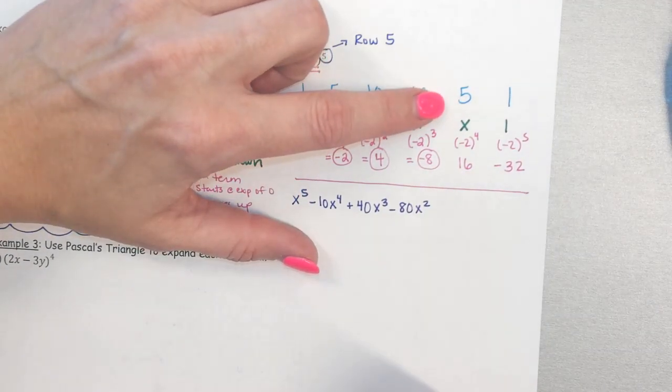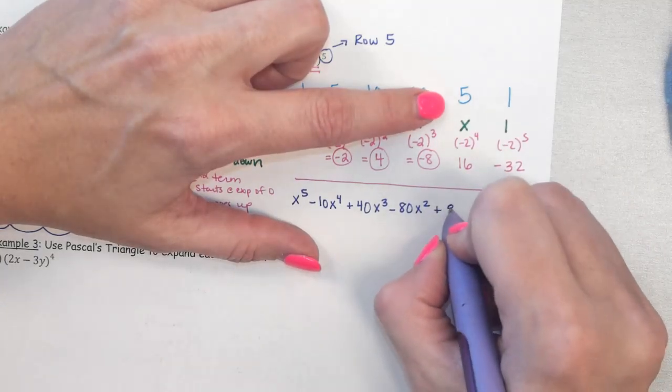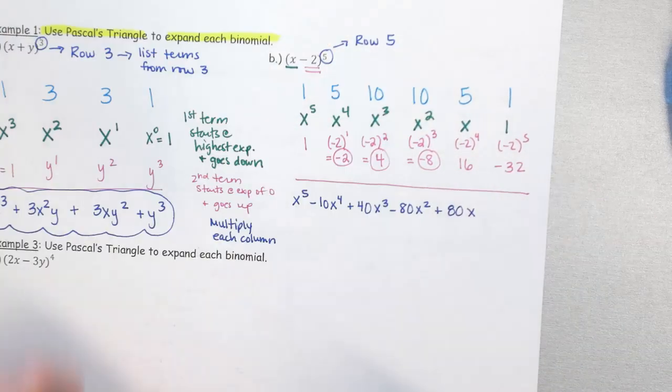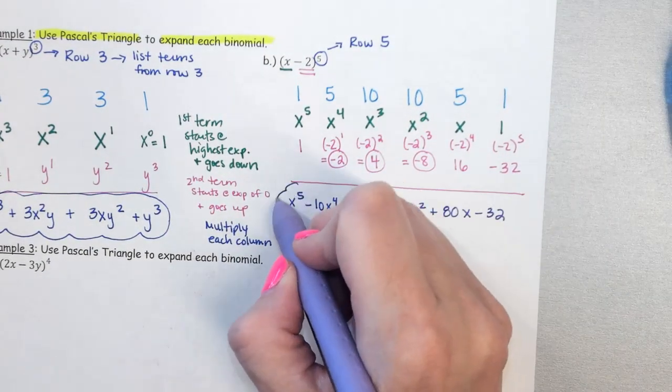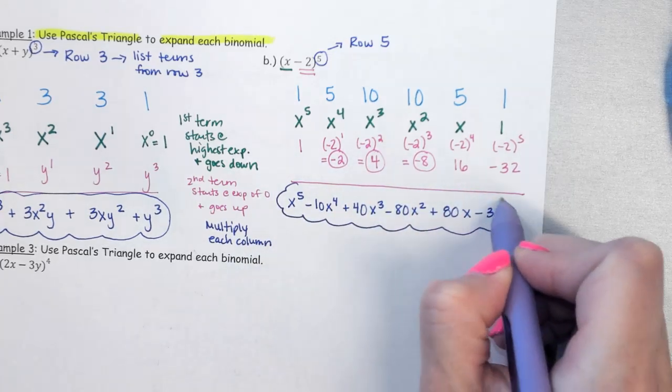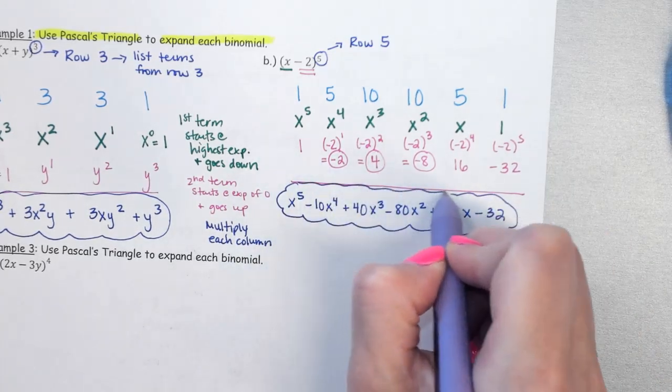What's 5 times 16? What is it? 80, because 5 times 10 is 50, 5 times 6 is 30. Okay, so this will be 80x. Okay, and then the last one, -32. Okay, so that's going to be your final answer.